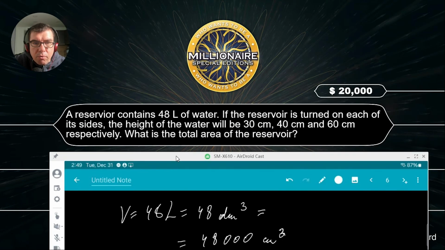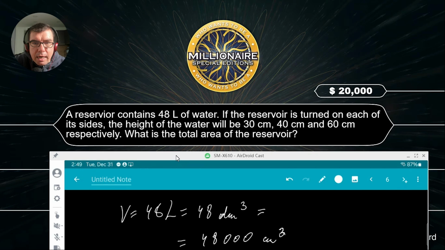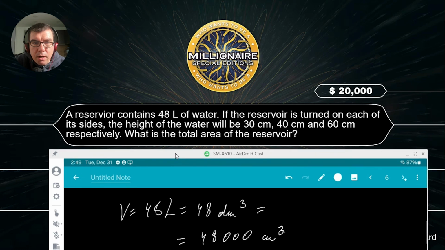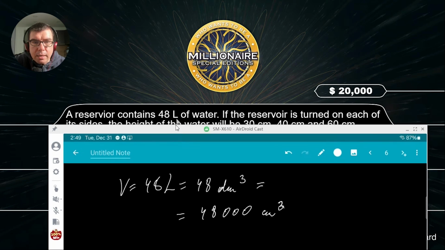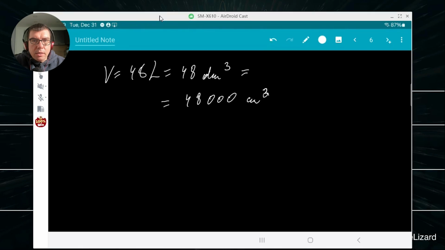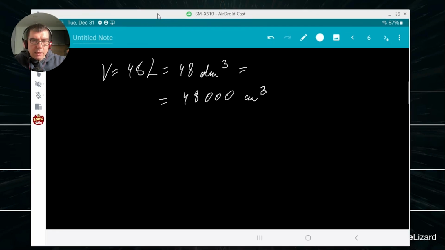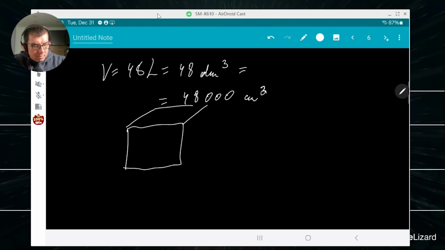So if the reservoir is turned on each of its sides, its height will be 30, 40 and 60. So this means that we are given the height and we can find the respective base area when it's turned to the specific side. So if I make a sketch real quick of the reservoir, it's the same sketch as before.